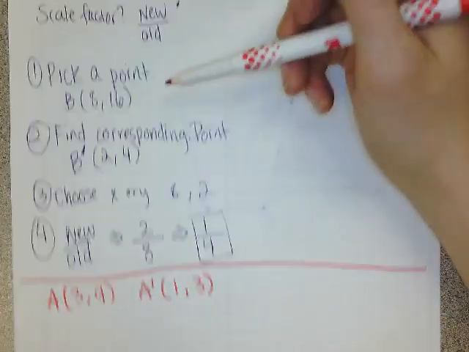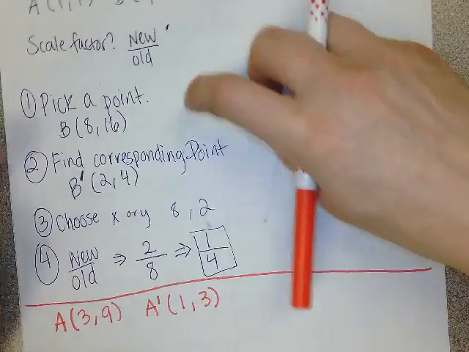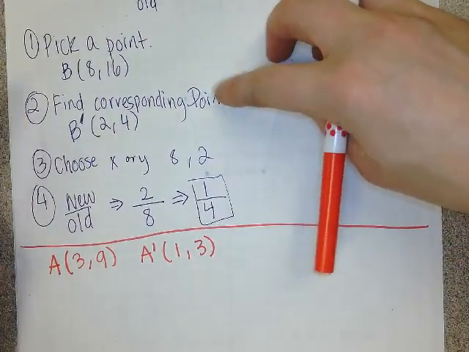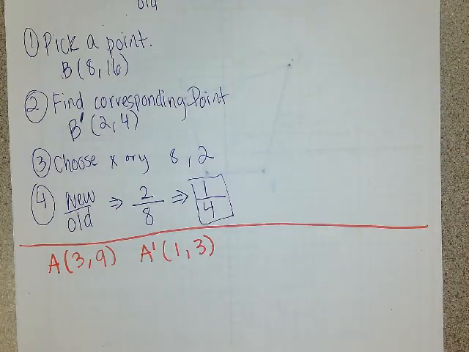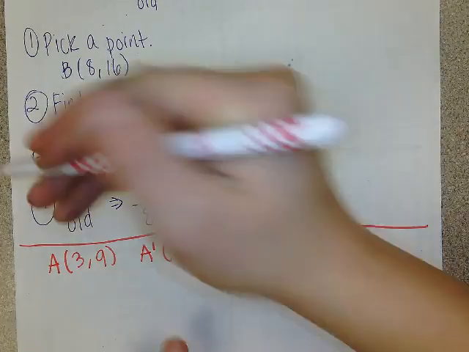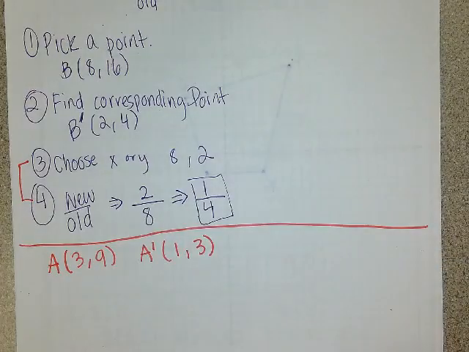Pick a point and find the corresponding point. That's already done for you because I've given you just 1 point to look at. I want you to find the scale factor, so you are doing 3 and 4. It does not matter if you pick the x or y.